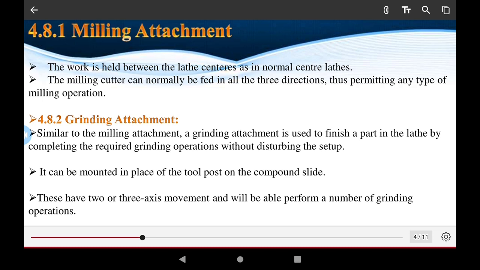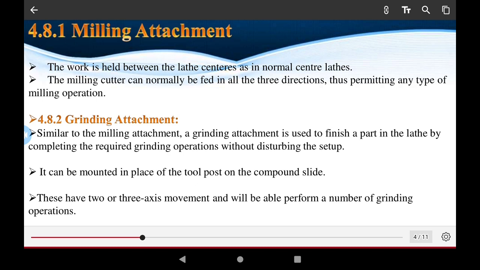Where the grinding operation starts and finishes, the continuous operation is provided without disturbing the workpiece and the tools. The cutting tools are required for grinding without disturbance.